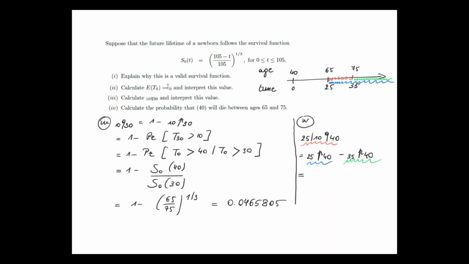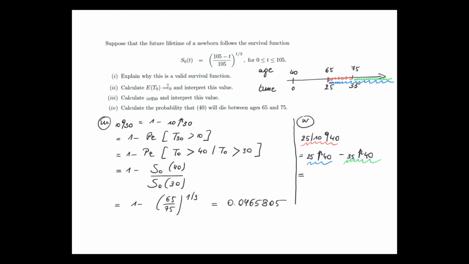So what we can do now to calculate this expression is we can use the link with the survival function of a newborn. And that's in fact what we've been using here as well. So here we also had such a survival function. And here a survival probability, and here we saw that you can rewrite that using the ratio of two survival functions for my newborn, right?